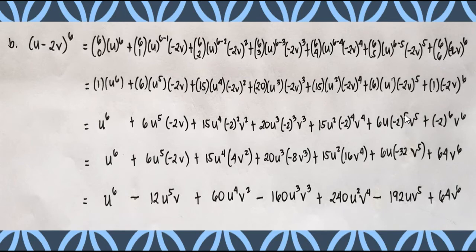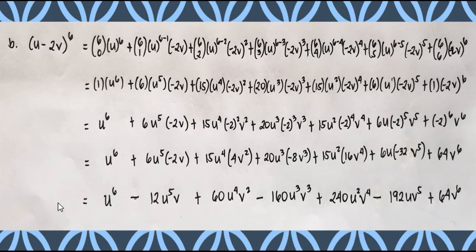Negative 2 to the power of 5 is odd, so negative 32. Then negative 2 to the power of 6 is positive 64. So we simplify that part.